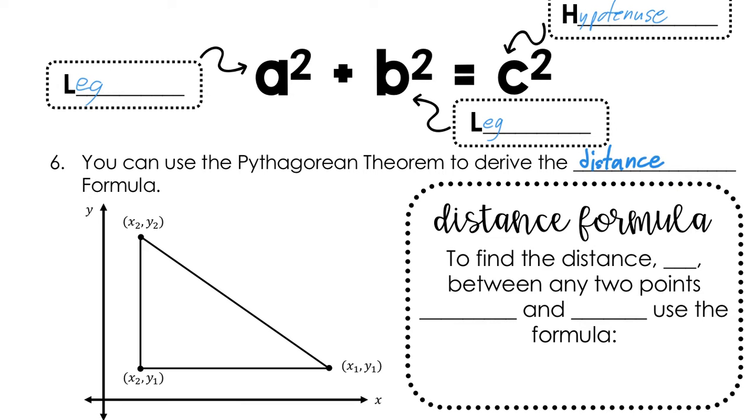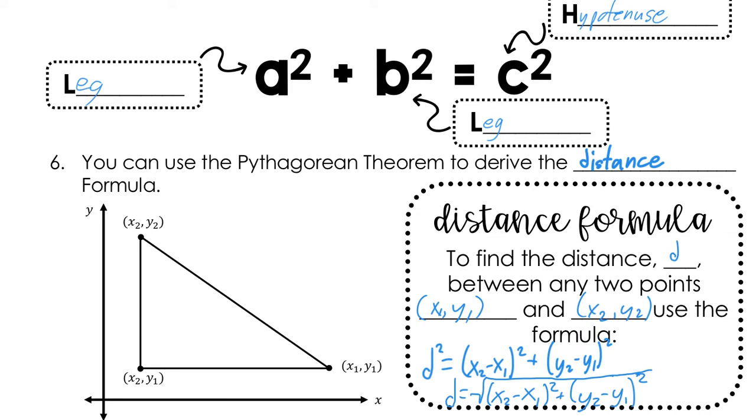So the distance formula says to find the distance d between any 2 points, (x1, y1) and (x2, y2), you use the formula d squared equals (x2 minus x1) squared plus (y2 minus y1) squared.